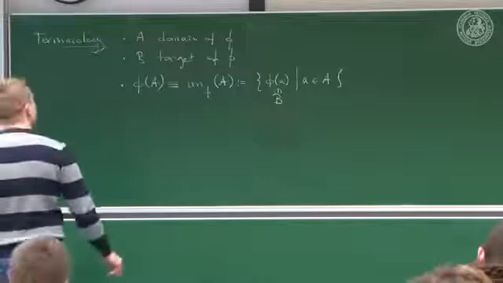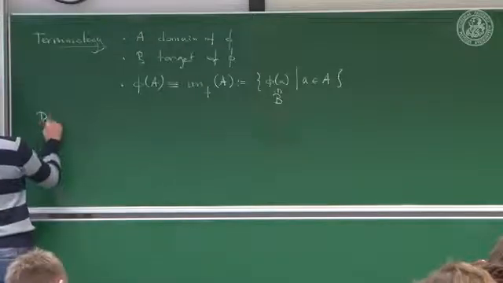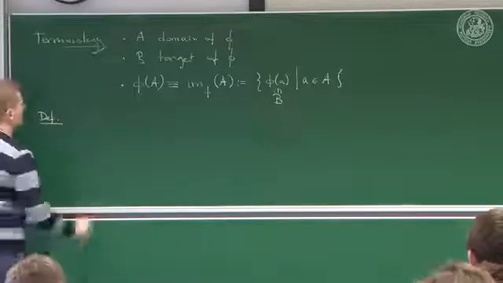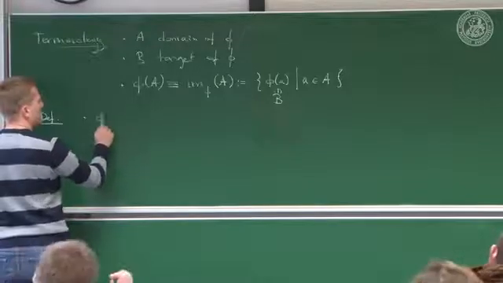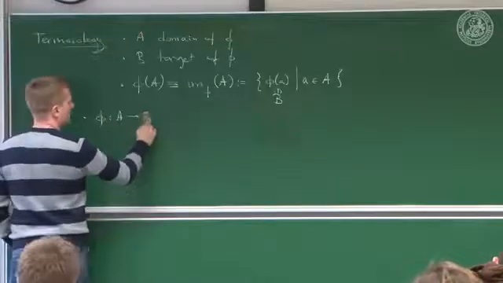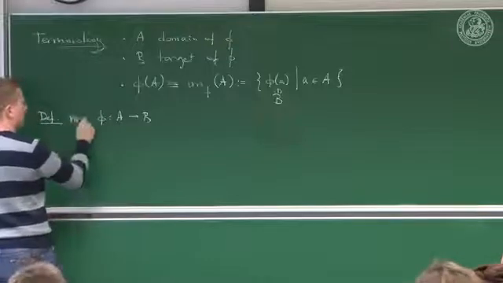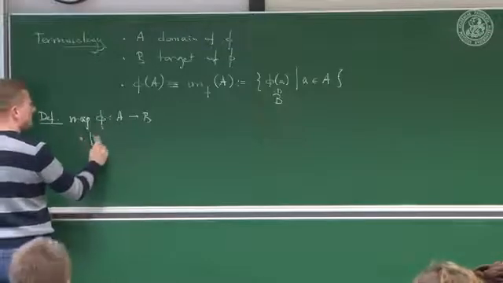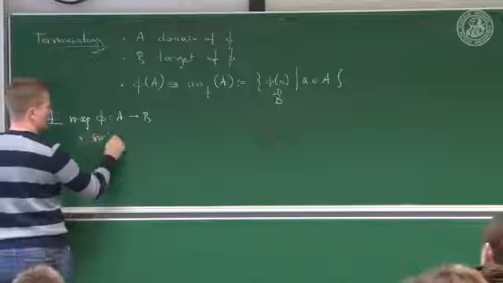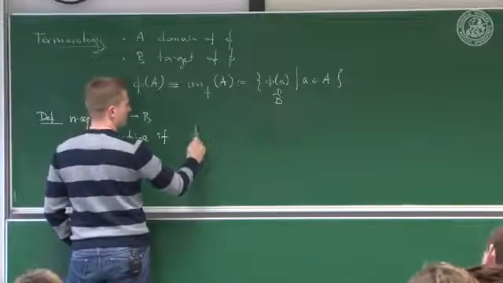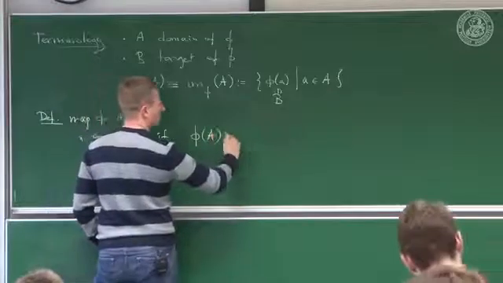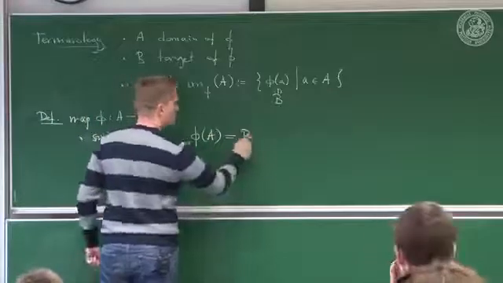This is the image. And then we have further definitions, also well known to you. A map phi from A to B is surjective if its image phi of A coincides with the target.